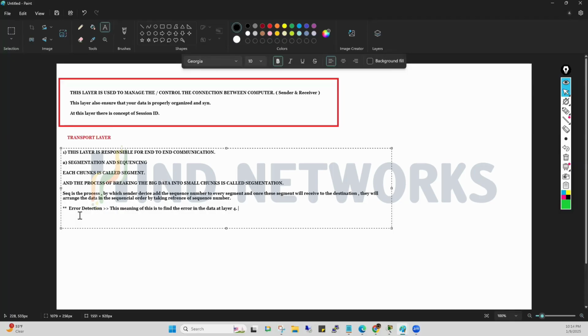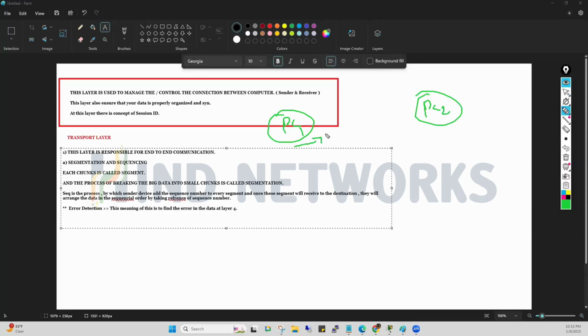Now, again, the question is how? How does error detection actually work at layer number 4? Okay. Please understand here, guys. That is the PC and that is PC number 2.